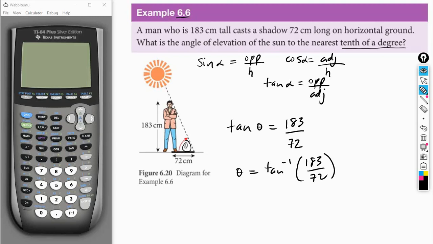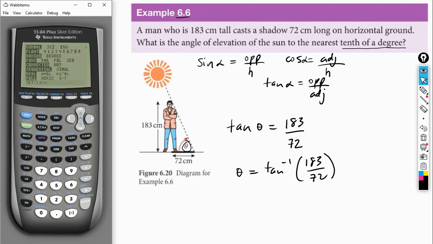So for this, we're going to need the GDC. So if we go second tangent, we have the inverse tangent function. And it's going to be 183 divided by 72. We hit enter and we get 1.19, but that's in radians. So we have to make sure that our calculator is set for degrees.